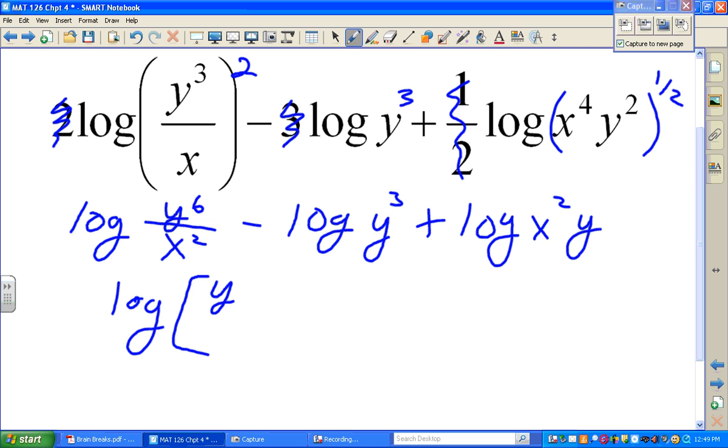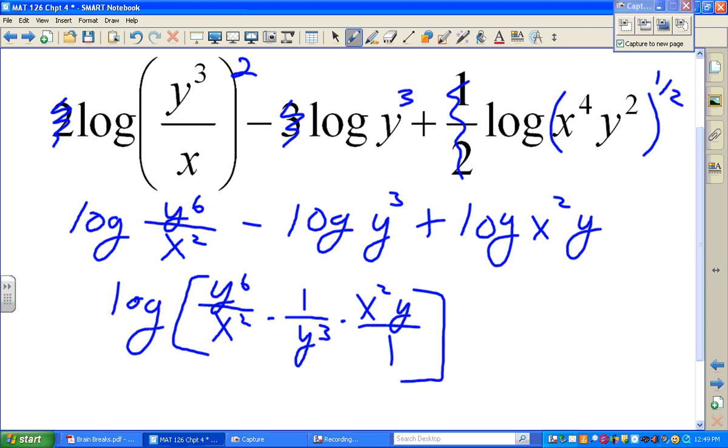Let's see, y to the 6th, z x squared. The second term, does that go into the numerator or denominator, the y cubed? Denominator, because you are subtracting. And this term, does it go numerator or denominator? Numerator. That equals finally log 7 log base 10 of y to the 4th.